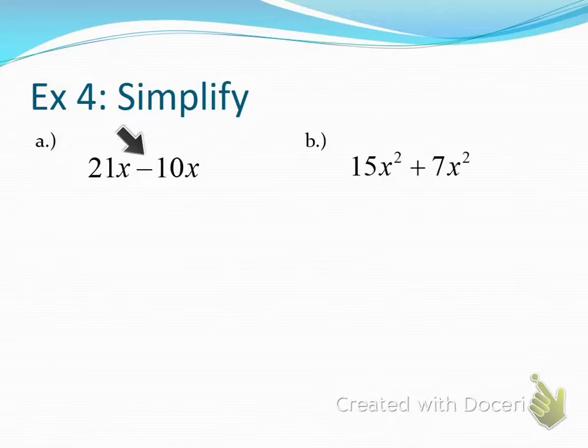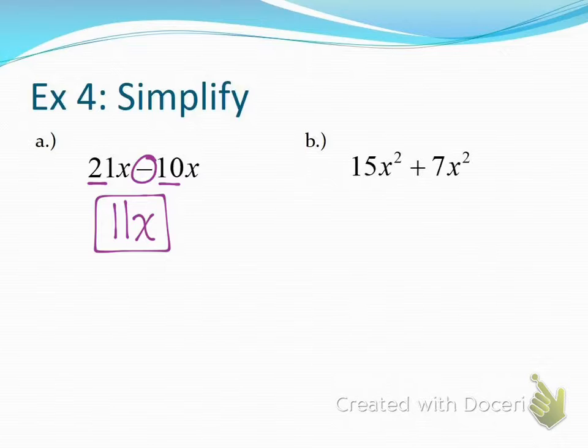So 21 minus 10. 21 minus 10 gives me what? 11. The variable part doesn't change, meaning it keeps its x. Don't treat it like the x would disappear because it's x minus x. That's not what this says. Okay, it keeps its same variable part.